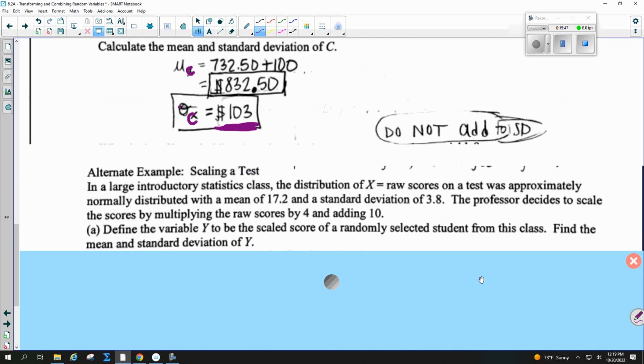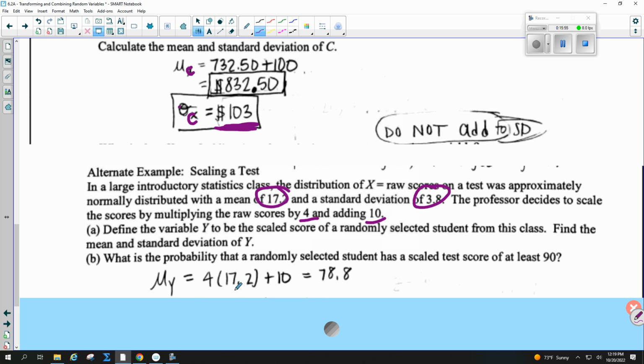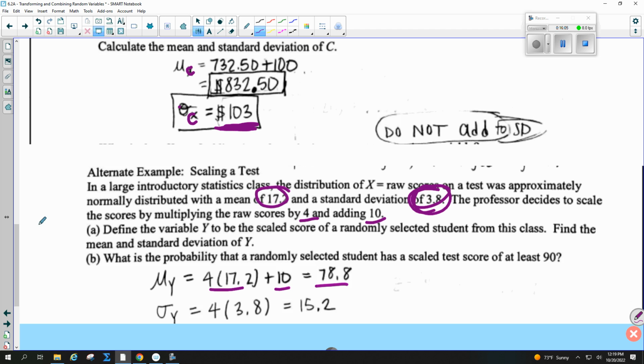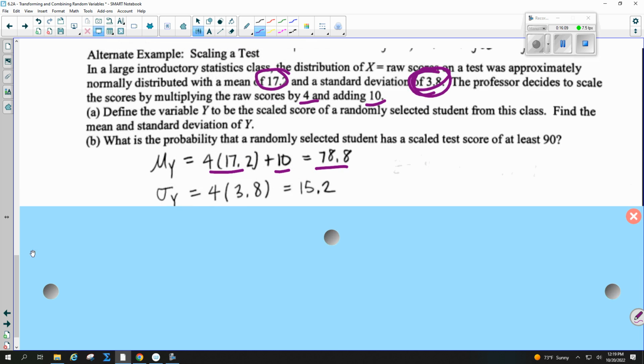So here's my average test score, my standard deviation says we're going to multiply by 4 and add 10. So my new mean, multiply by 4, add 10, is 78.8. My new standard deviation, again, do not add. Please only multiply your standard deviation to get 15.2. They were super nice and told us that it was approximately normally distributed.